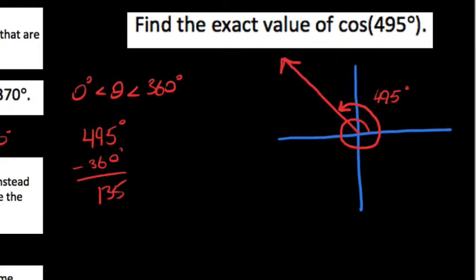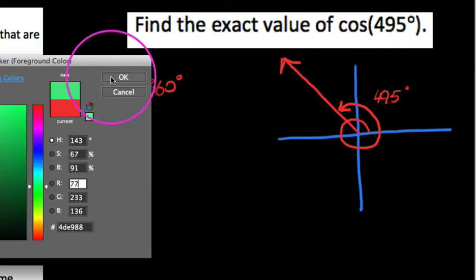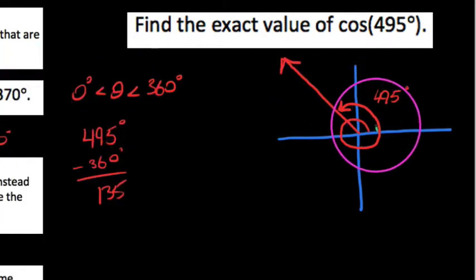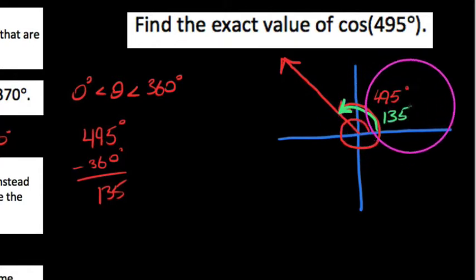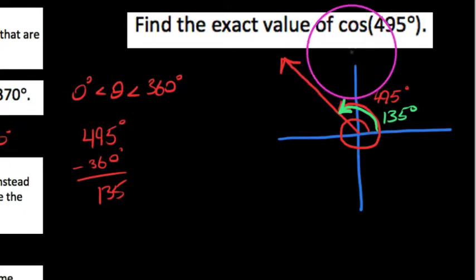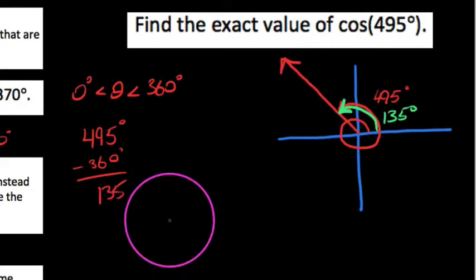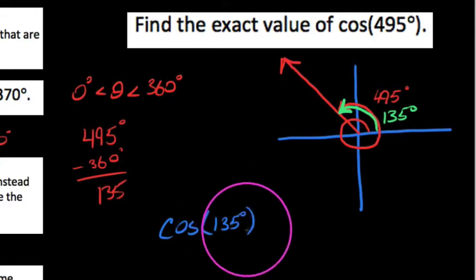I'll switch colors, let's go to a greenish, because that would be really contrasting. A 135-degree angle here would have given us the same thing, because they are coterminal. So if anybody asks you to find the cosine of 495, you say, nah, I'll just find the cosine of 135, because I know they're equal based upon what we've written down here on the bottom left.